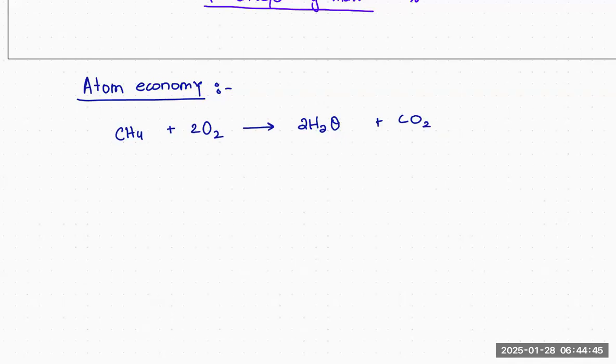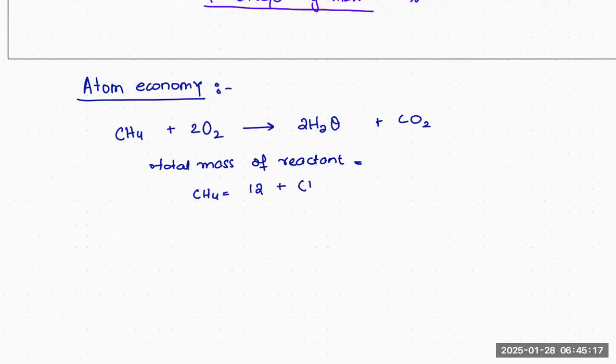So how do we calculate? You guys will first find the total mass of the reactants. The way you find it is you simply calculate the molecular mass using the periodic table. So we have CH4, carbon is 12, hydrogen is 1, so we will get 16.